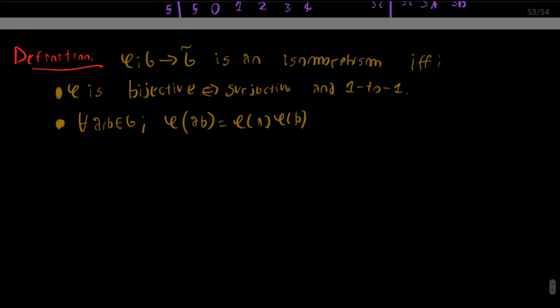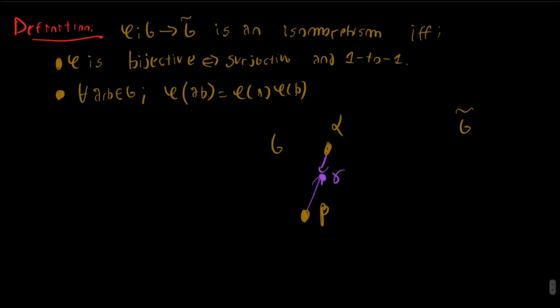This means that if you have two elements in the original group, so we can call them alpha and beta, and we combine them into another element that we can call gamma, then in our group G tilde, which is our image group, let's suppose that alpha gets mapped to phi of alpha, and beta gets mapped to phi of beta.